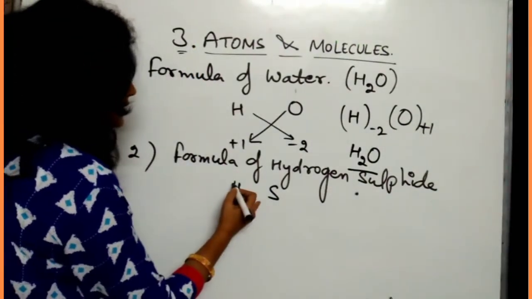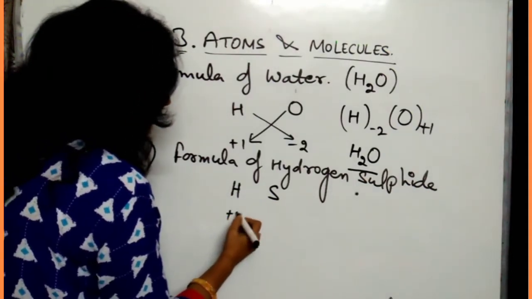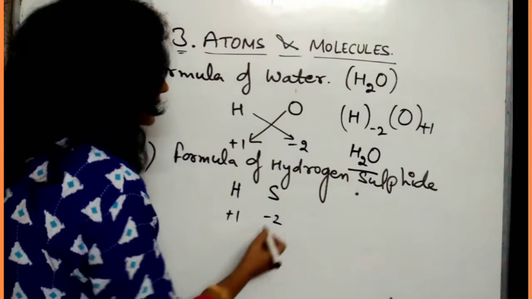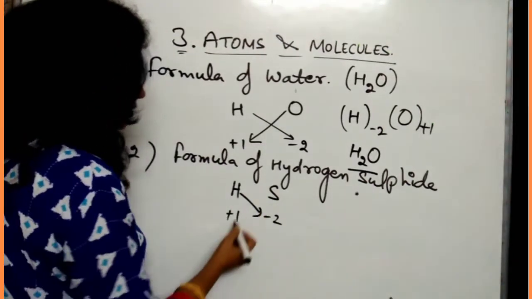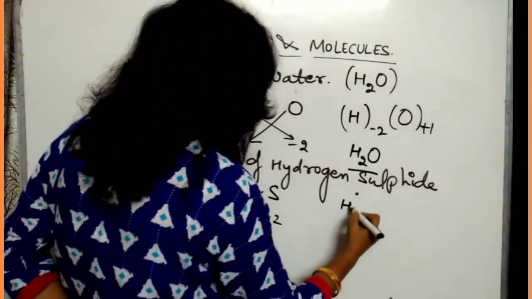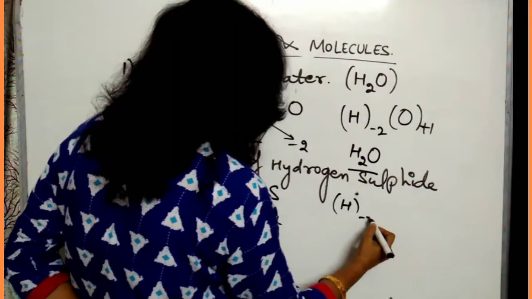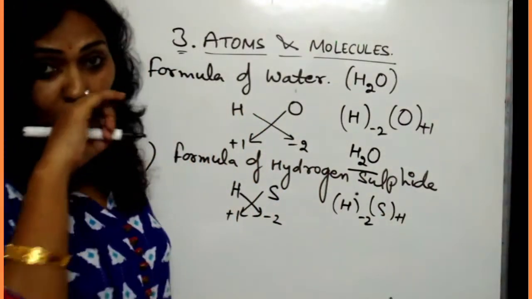Now H is positive and this is the negative. Write the valency here: minus 2 for sulfur and plus 1 for hydrogen. Now cross the valency and write it over there like that. Third step, what I told you?